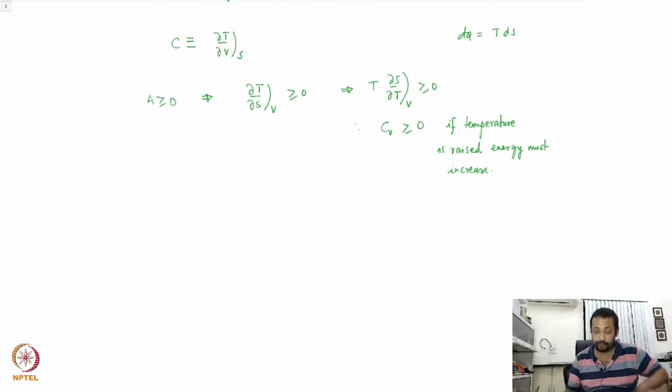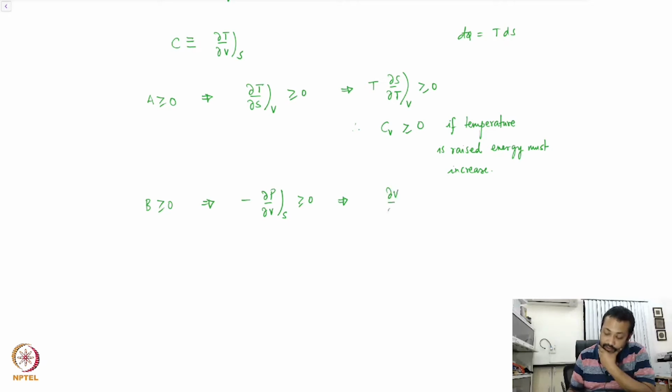Now b greater than 0 implies that minus ∂P/∂V at constant entropy is greater than 0. So this essentially means that minus (1/V)(∂V/∂P) is also a positive quantity, and this effectively means that kappa S, with entropy held constant, must be a positive quantity.